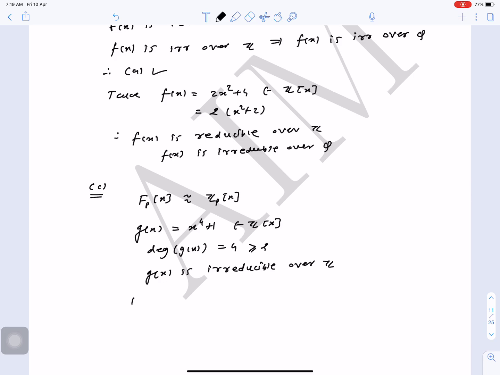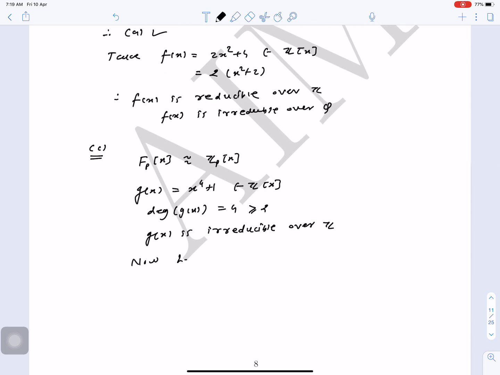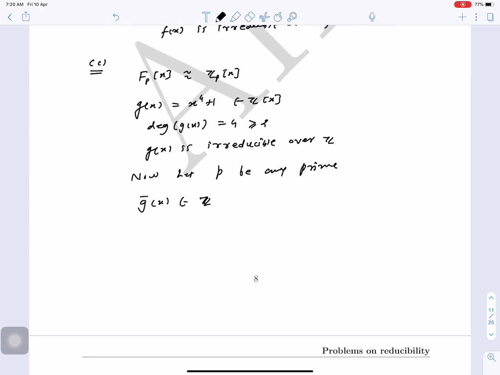Now let p be any prime. Then you consider g bar(x) belongs to Zp[x]. Then g bar(x) will be what? You reduce the coefficients of g modulo p, and here in g the coefficients are 1. So g bar(x) is also x raised to 4 plus 1.